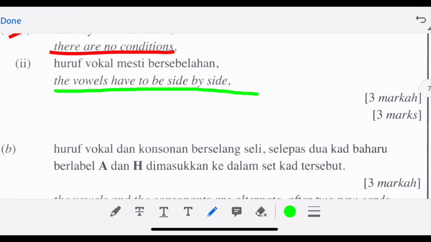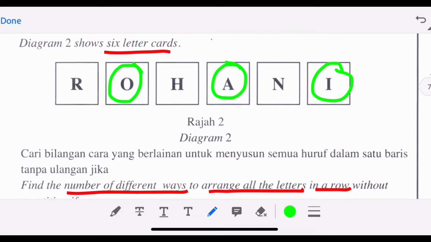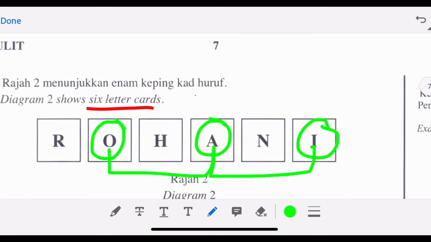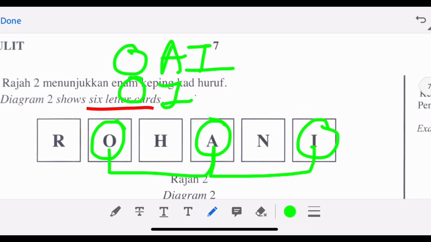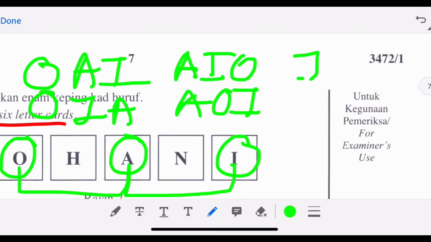The vowels have to be side by side. So how many vowels do we have? These are vowels, and vowels. So we have 3 vowels. We can make sure all the 3 vowels are together side by side. So it's either OAI, we can start with OAI, OIA, we can have AIO, AOI, and we can start with the I, right?